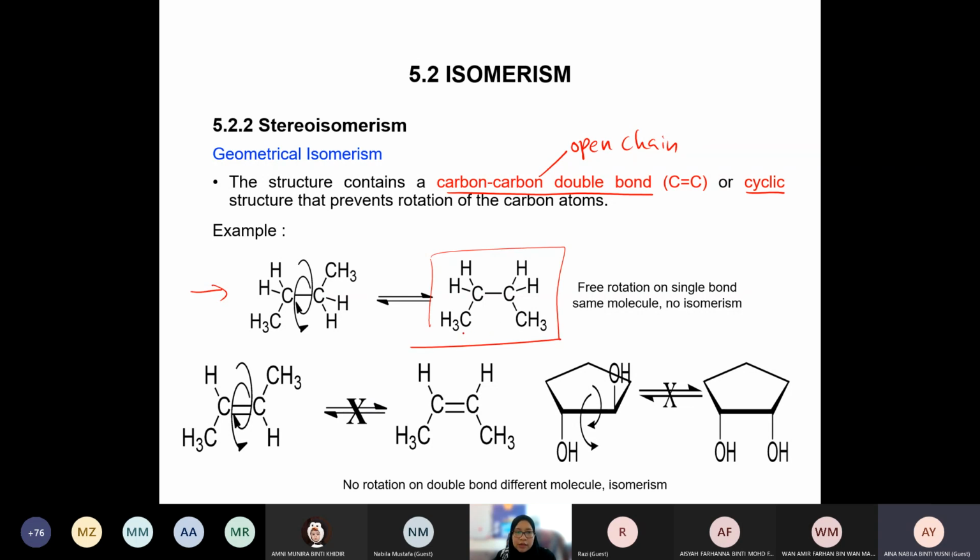So it's not a problem. But if the molecule has a double bond, the problem is that it cannot simply rotate, because it is restricted from rotating. So it's not the same. For example, if CH3 is initially at the top and it cannot rotate, we cannot say it is the same as when it sits at the bottom.